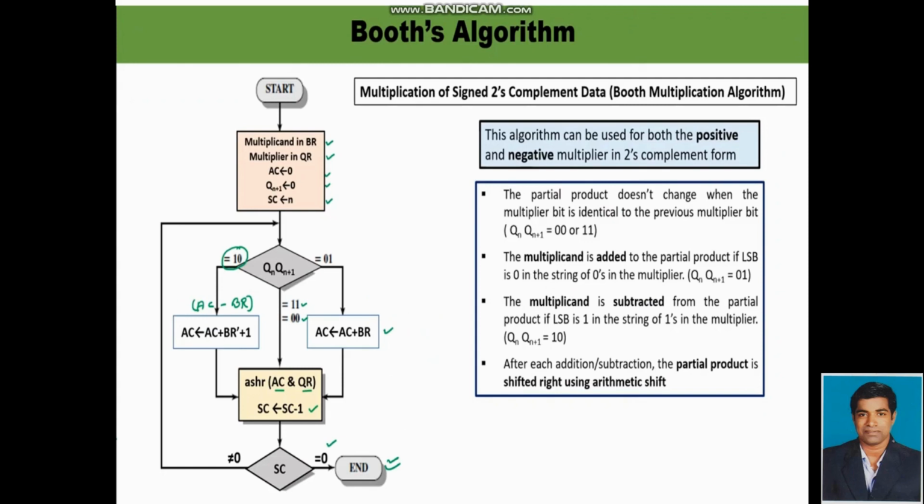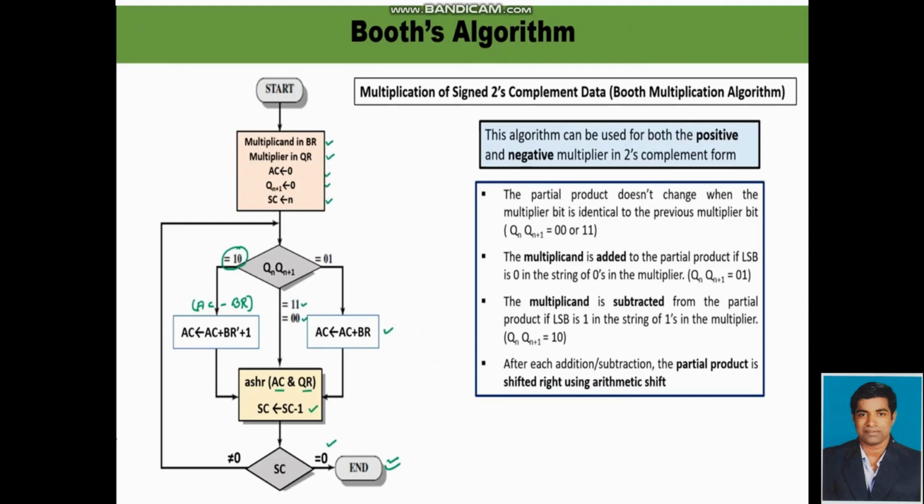The multiplication of 2's complement data, the Booth multiplication algorithm. This algorithm can be used for both positive and negative multipliers in 2's complement form. The partial product does not change when the multiplier bit is identical to the previous multiplier bit, Qn and Qn+1 equal to 0,0 or 1,1.